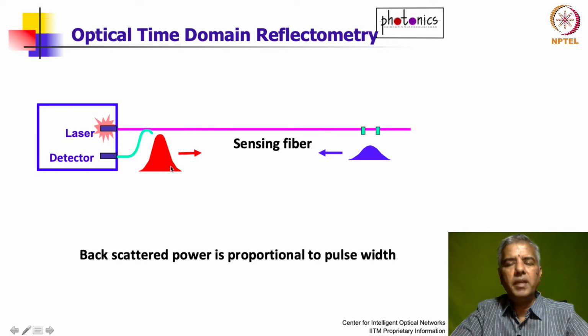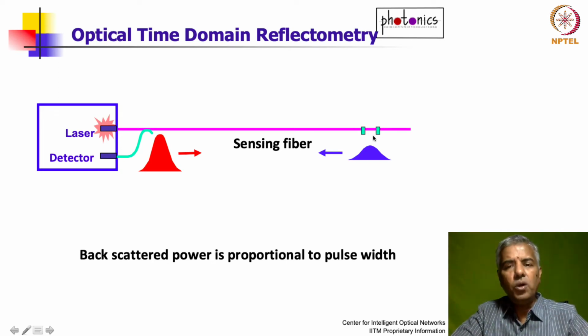But the downside of that is, if you have two perturbations, two events as we call it, that are fairly close with each other, meaning they're spaced a shorter distance compared to the section that the pulse is occupying, then there is actually no way of telling that there are those two events. So you're not going to be able to resolve these two events.